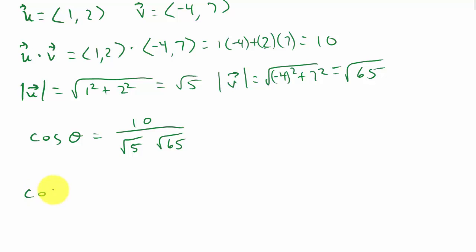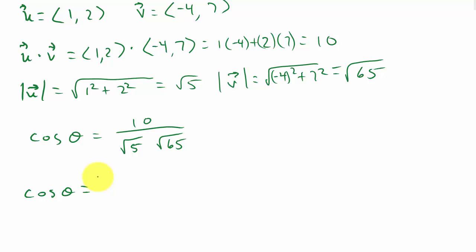Now punching this in your calculator, you need to be careful. We'll have 10 divided by, and if you're typing this all in at once, you need to open a parenthesis so you can put the square root of 5 times the square root of 65 in parentheses.